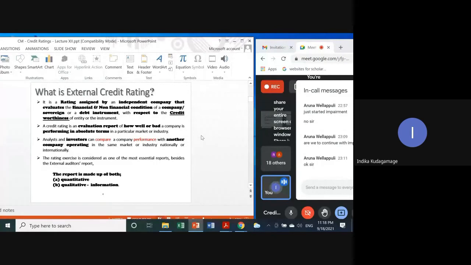What is external rating? A rating assigned by an independent company that evaluates financial and non-financial conditions. When you are granting a rating, they evaluate financial, they evaluate non-financial. We have 4 rating methodologies we will look at shortly. A rating is an evaluation report of how well or badly the company performs in absolute terms, because they are giving the credit worthiness. Right?